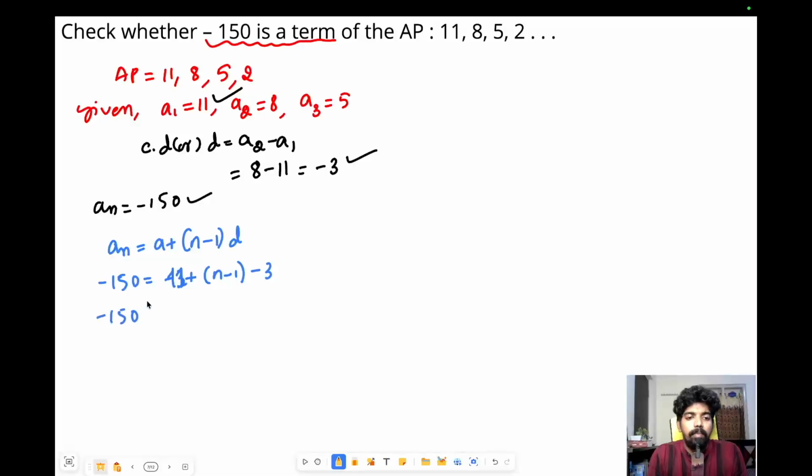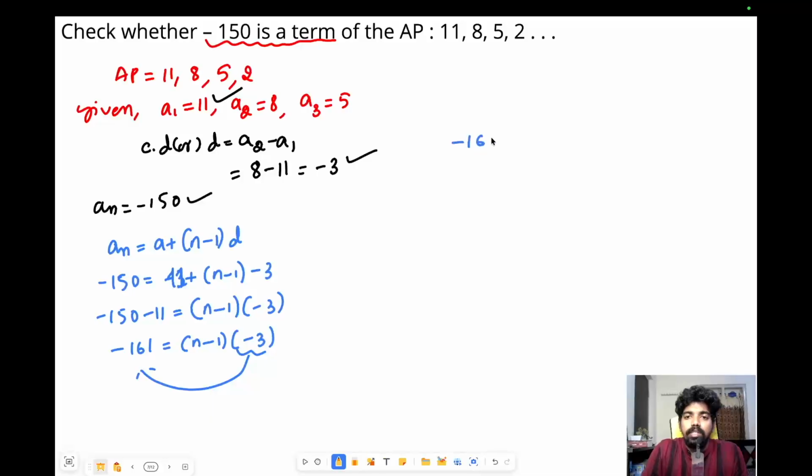Minus 150, I am transposing 11 to the left hand side, it will become minus 11 equals to n minus 1 into minus 3. Minus 150 minus 11 is minus 161 equals to n minus 1 into minus 3. If I transpose minus 3 to the left hand side, what will it become? Minus 161 by minus 3 equals to n minus 1.